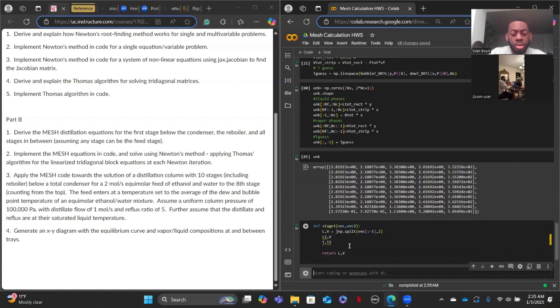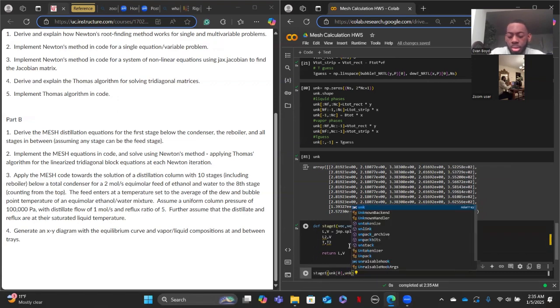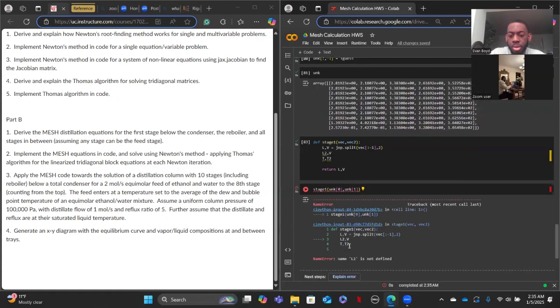And then if we use stage one, unknowns stay at 0 and unknown at 1. L2 is not defined. Yeah, we back this up.